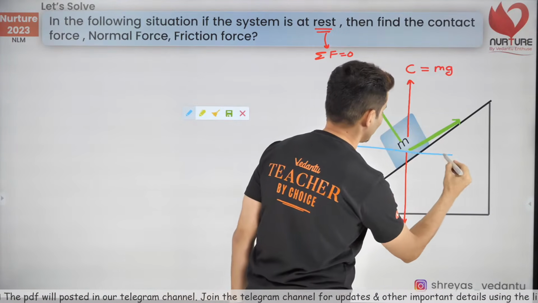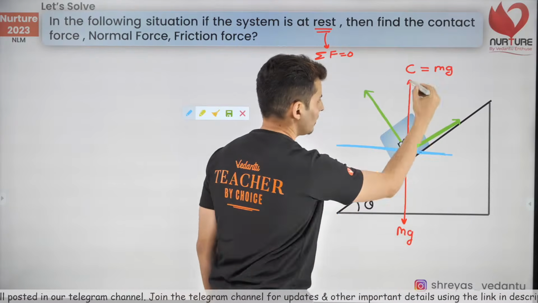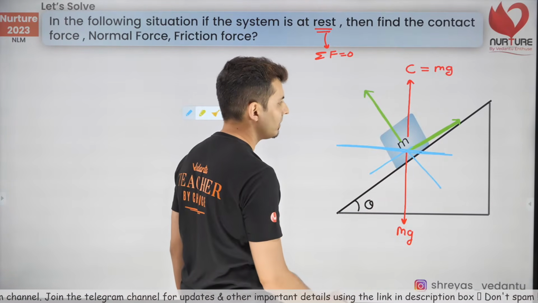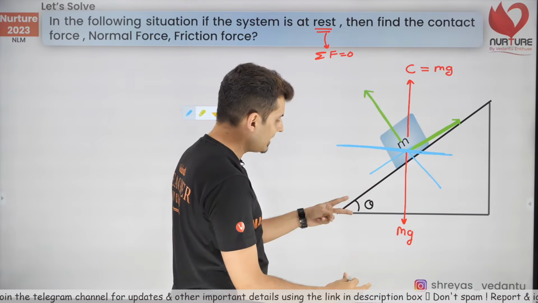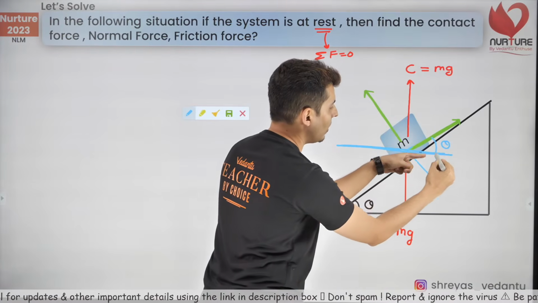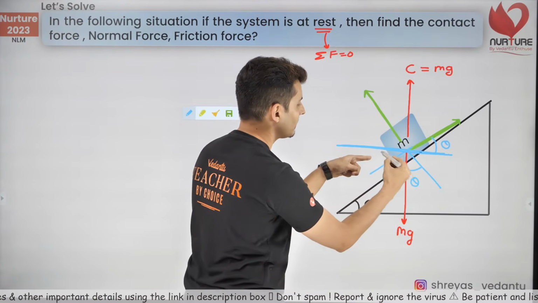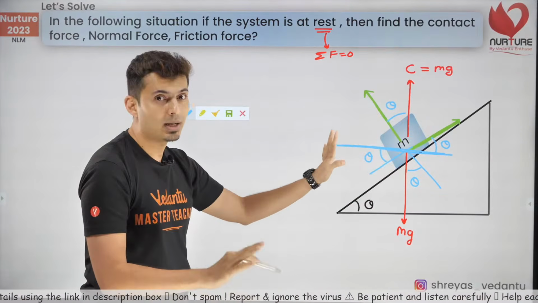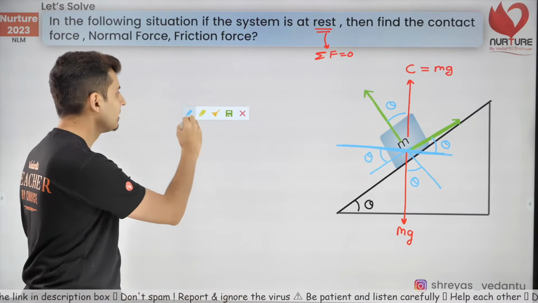All I did was draw a horizontal, vertical is already drawn, along the plane and perpendicular to the plane. And then if this is theta, this is also theta, and then mark all alternate angles as theta. That's it. These are all the angles. It helps me in splitting the vectors, nothing else.